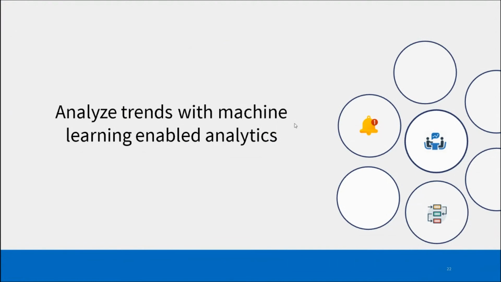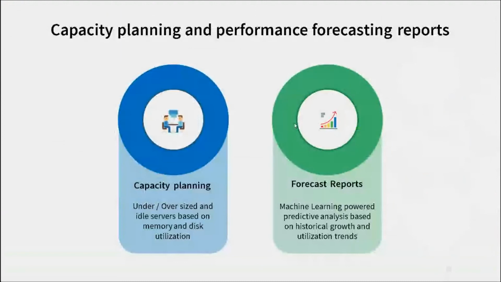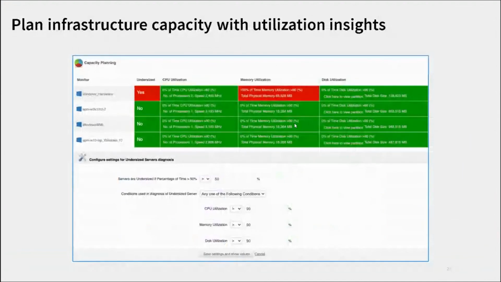There are multiple report options, and some of the few advanced report types are the capacity planning as well as the forecast reports, which will help the system administrators identify what exactly is the utilization and how the utilization trends are going to be. Let me quickly show you an example of what exactly the capacity planning reports are.